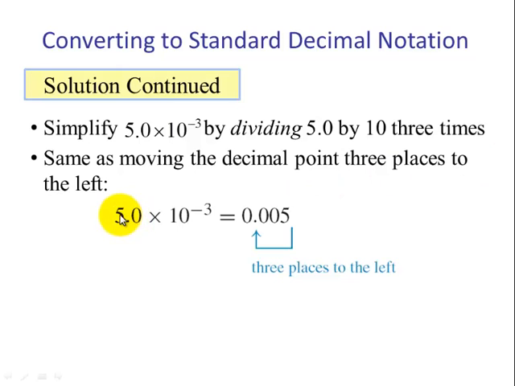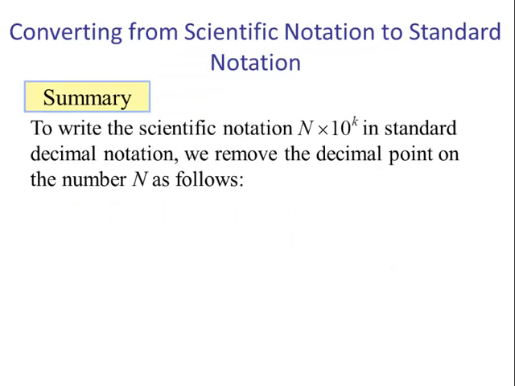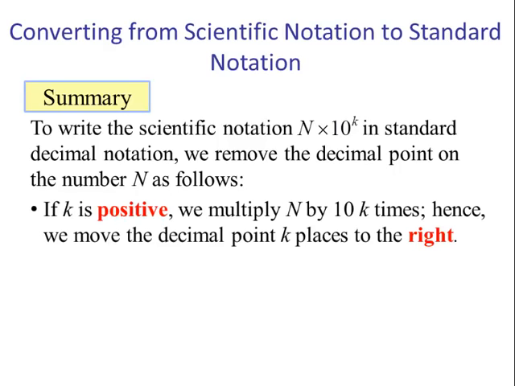Here's the decimal point for 5. Since we are multiplying by a negative 3, we can move that 3 places to the left because the number will be smaller. So for converting scientific notation to standard notation, we write the scientific notation n times 10 to the k in standard decimal notation. We remove the decimal point on the number n as follows.